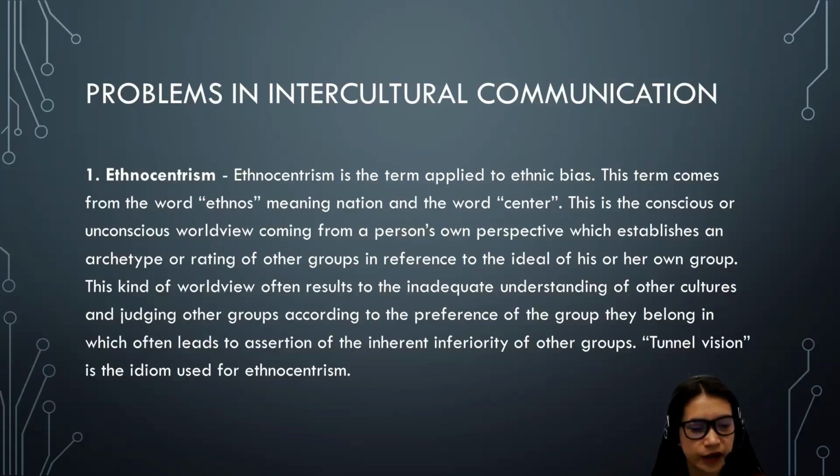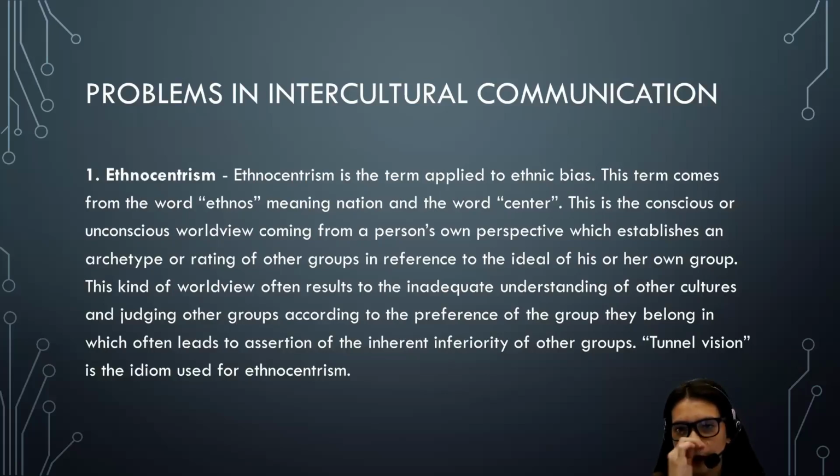So in this specific situation, let's say for example, in a certain community, 80% of the population practices a specific culture, while the 20% practices or believes in a different culture and does different practices. So there will be inferiority.